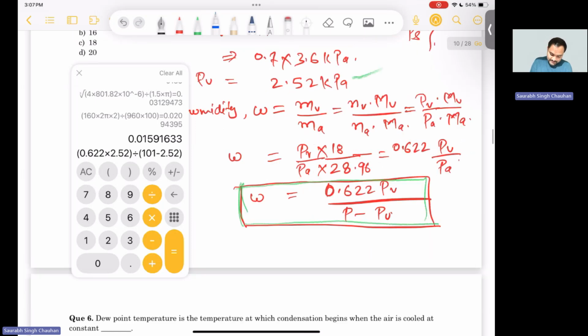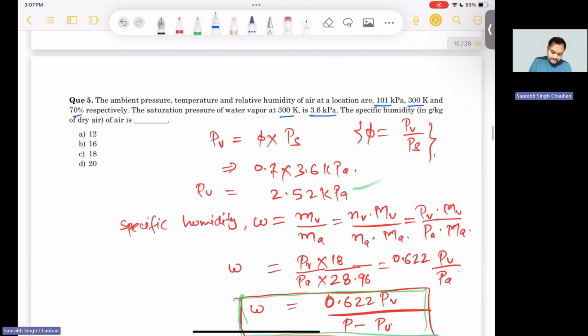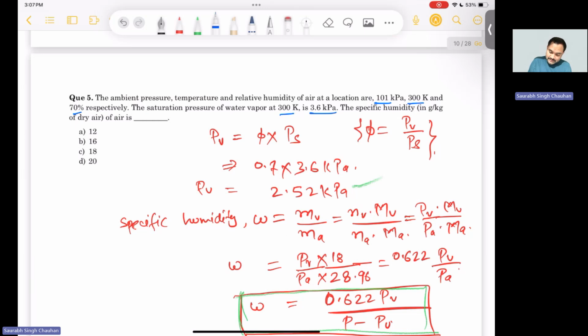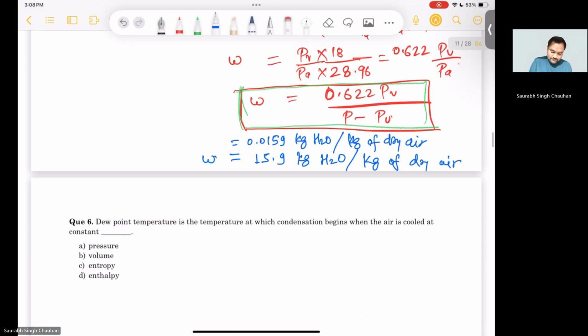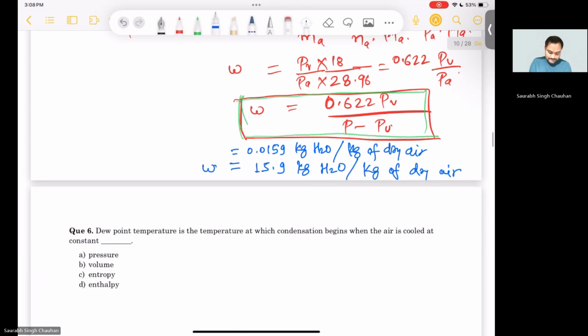So it is coming out to be 0.0159 kilogram of moisture per kilogram of dry air. But we have to calculate this quantity in gram of moisture per kilogram of dry air, but we have it in kilogram. So just multiply by 1000, and you'll get 15.9 gram of moisture per kilogram of dry air. 15.9 is the correct value.